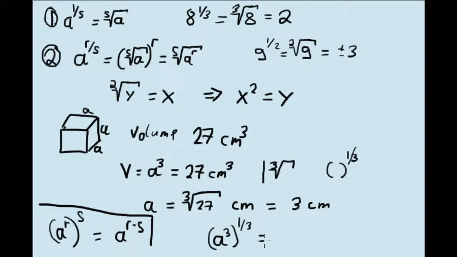So there will be, let me spell it out, a to the 3 times 1/3 equal to a, and that's all there is to it. So fractional powers, the ones that have a numerator of 1, are the same as saying I'm taking the nth root or the third root here, and if there's a numerator different from 1, that numerator then acts as another exponent on top of the root.